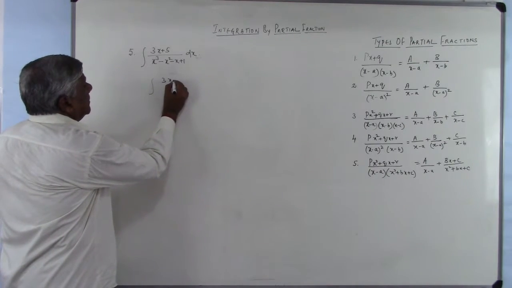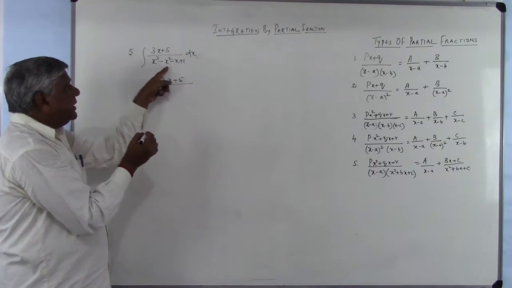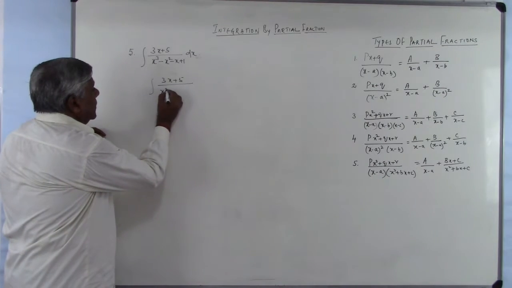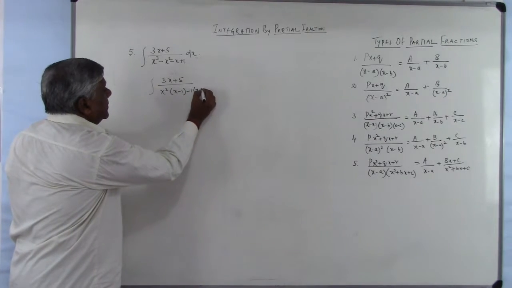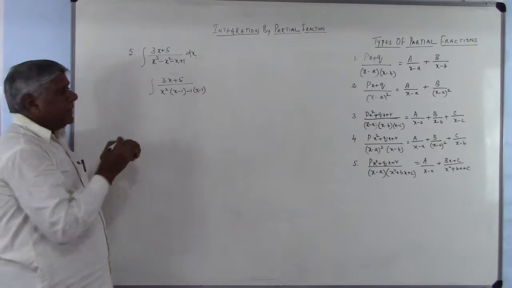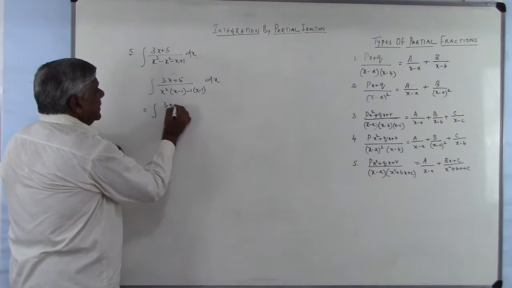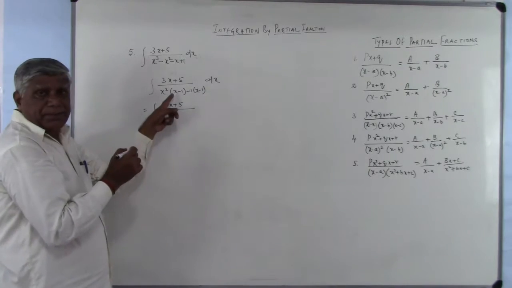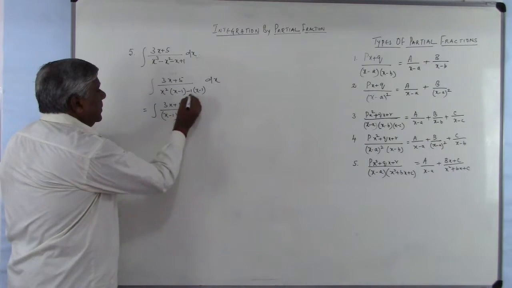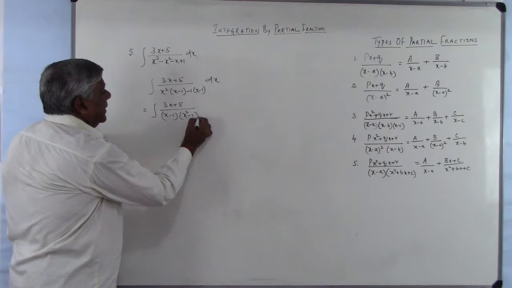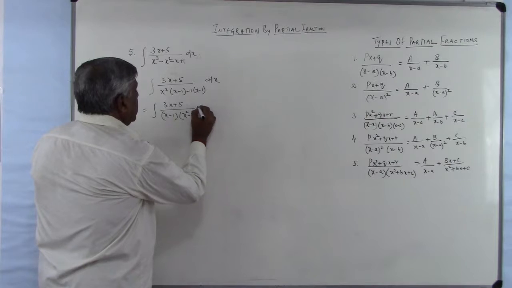Integral 3x plus 5 divided by, see here, I am going to take x square common. X square into x minus 1, minus 1 into x minus 1 into dx. Now this is equal to integral 3x plus 5 divided by x minus 1, common I have taken, into x square minus 1, dx.